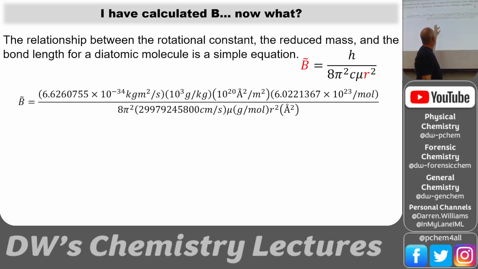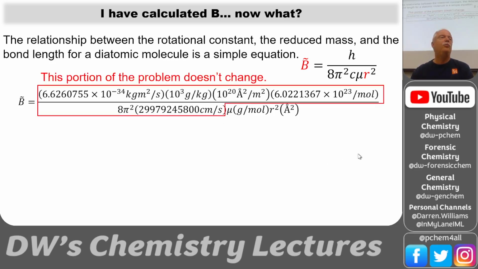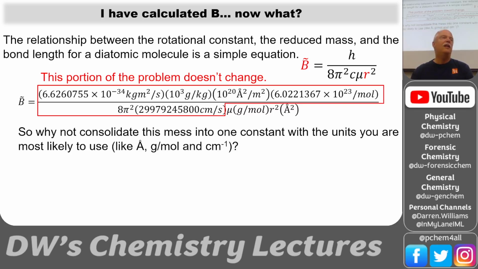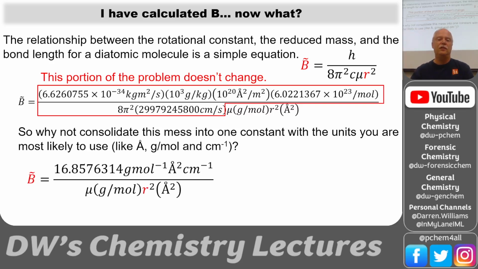We've got the speed of light, that's got, let's see, that's 9 significant figures, okay? And none of those things are going to change. They're constants. Pi doesn't change. You know, the conversion from angstroms to meters and grams to kilograms and all of that. So all of that stuff, this portion of the problem doesn't change. So just consolidate all that mess into one constant, but keep all your significant figures, okay? So this is note card bait, my friends, right?